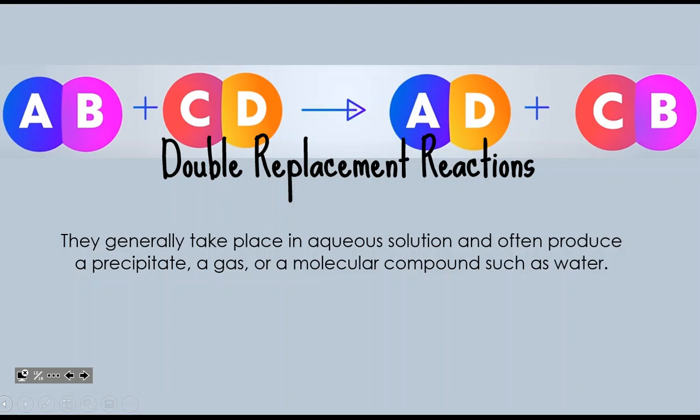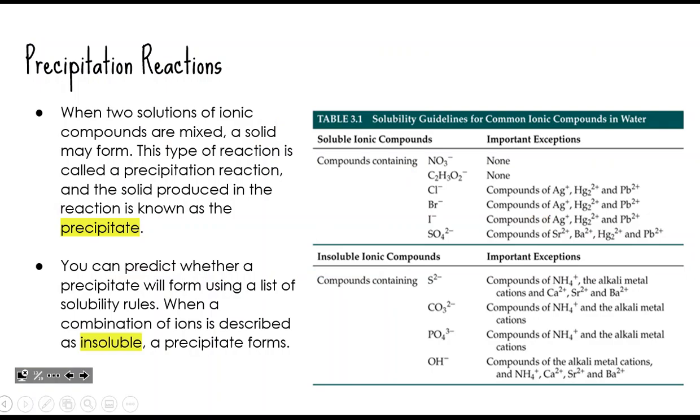Now, they generally take place in aqueous solution and often produce a precipitate, a gas, or a molecular compound. So we got choices here. So I said it's going to get a little bit harder, more challenging for our double replacements. One thing we have to consider is the precipitation aspect.